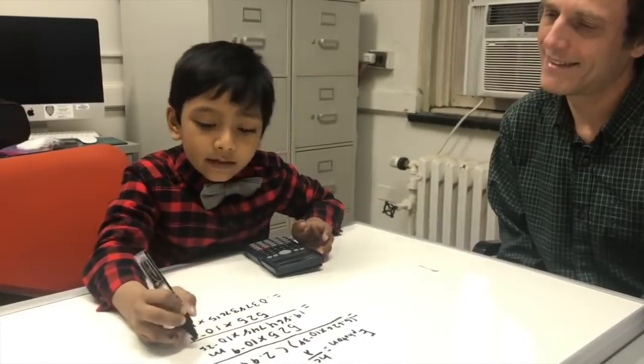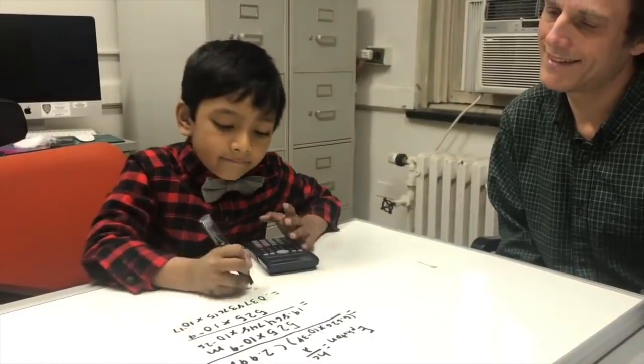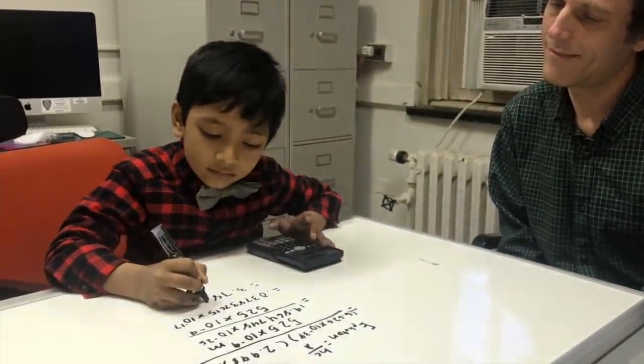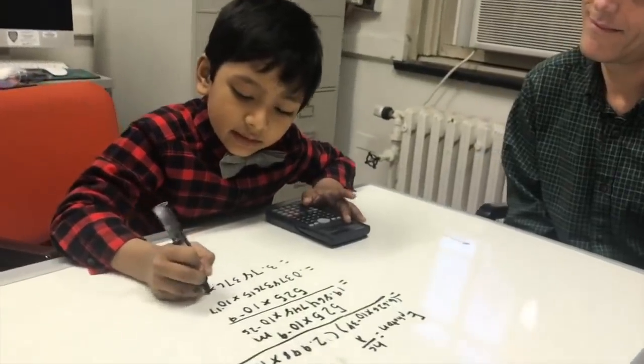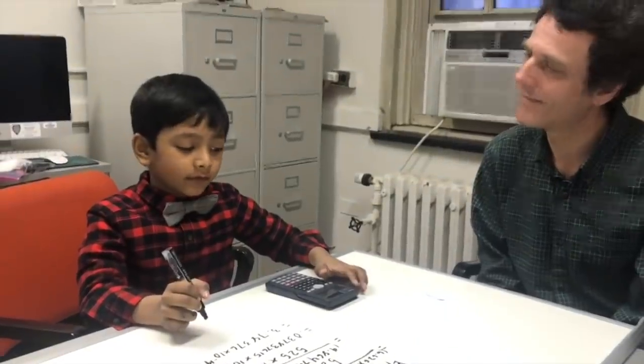Times 10 raised to the negative 26 plus 9 is negative 17. So 3.78376 times 10 raised to negative 19. That is the value of the energy of the photon.